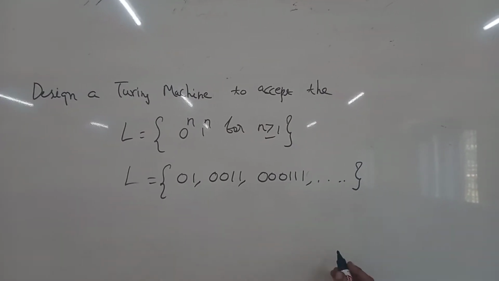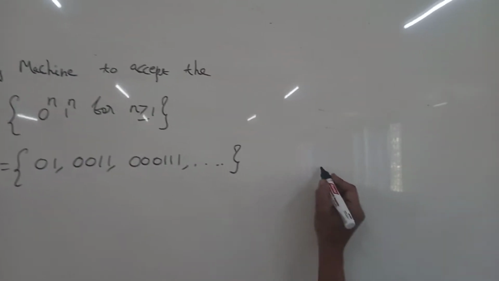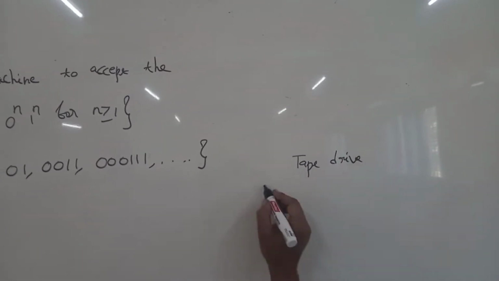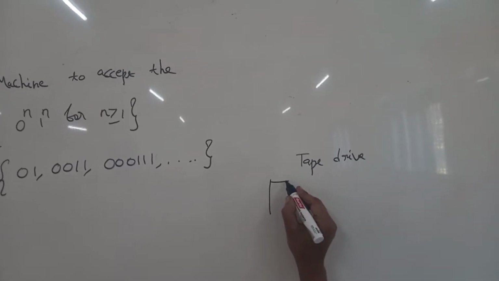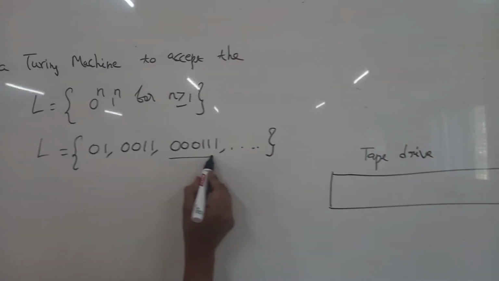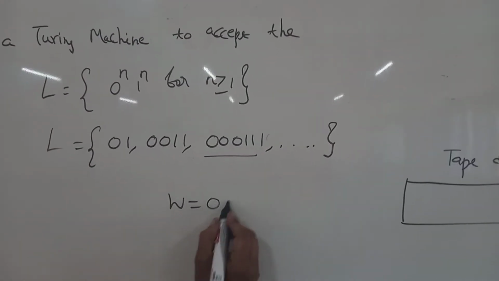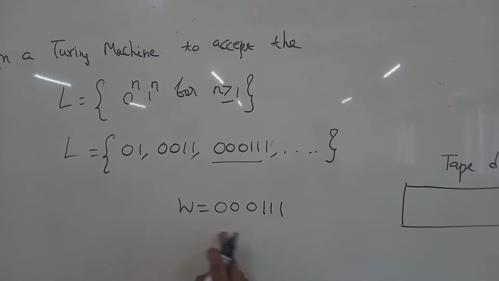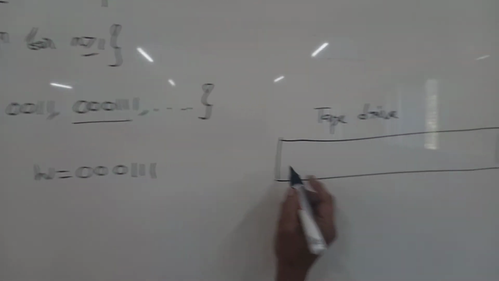We know that in the Turing machine we are going to use a tape drive. Here I will take the string 0 0 0 1 1 1 and put it into the tape drive.